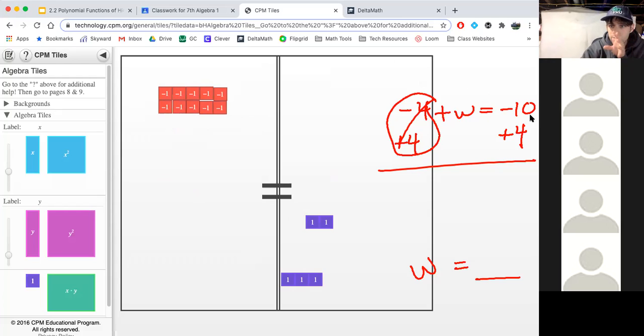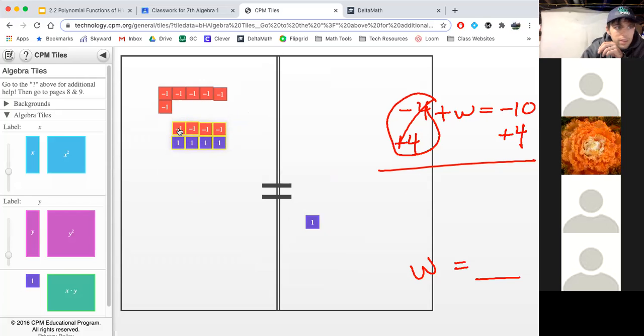I'm just using my algebra tiles to put this together. -10, and then I want to add 4 to it. I want to see what's going on with this. Well, -4 and +4, those right there are making a 0 pair. They're going away. But what's left over here, 1, 2, 3, 4, 5, 6, is -6. So we end up with W equals -6 as our solution.